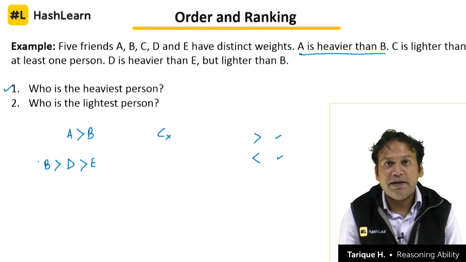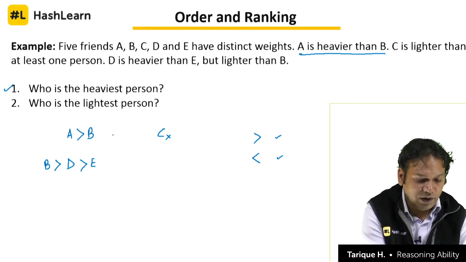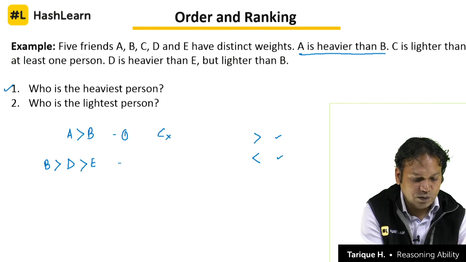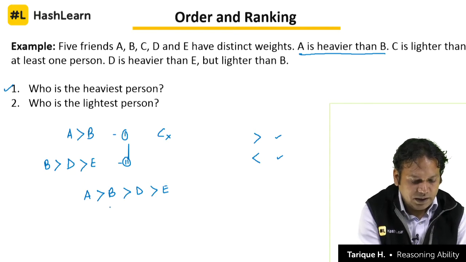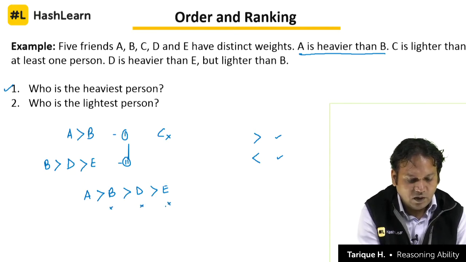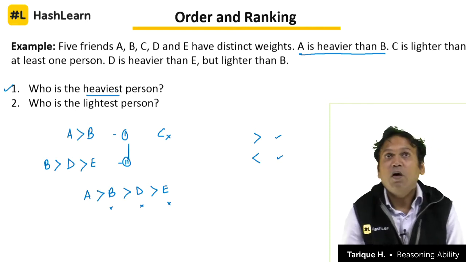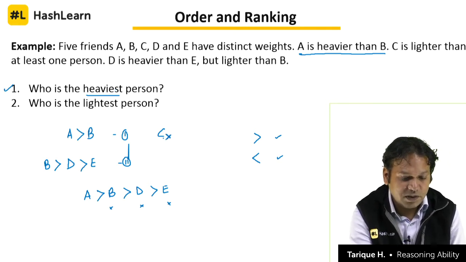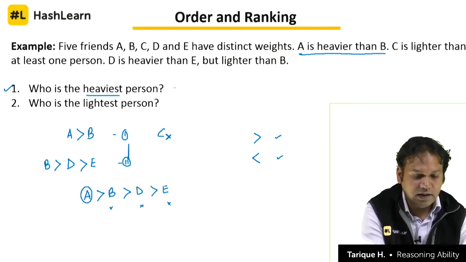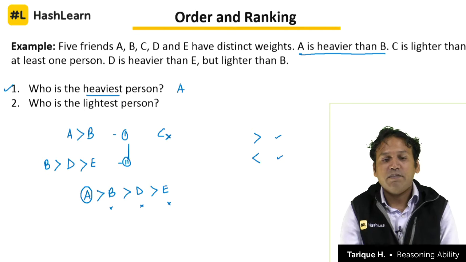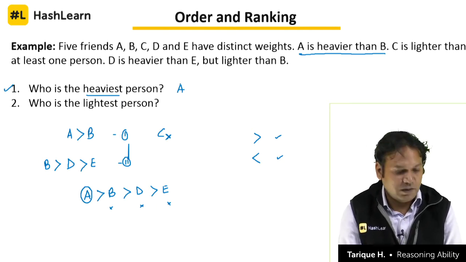Now if you join these two equations, 1 and 2, we can say A is heavier than B, who is heavier than D, who is heavier than E. So B, D and E can definitely not be the heaviest person. Also we know C is not the heaviest person. So who is the heaviest person among these? Answer is A. A is the heaviest person. So that is the answer for the first question.